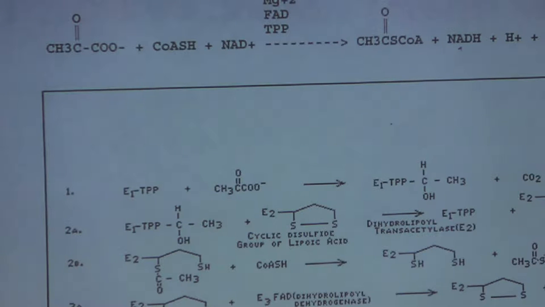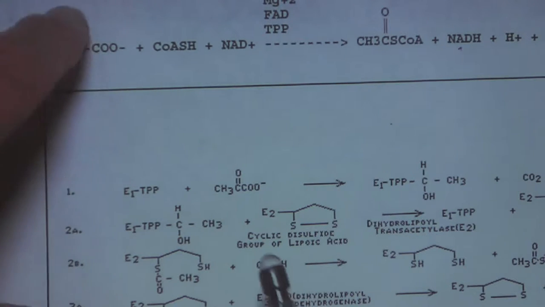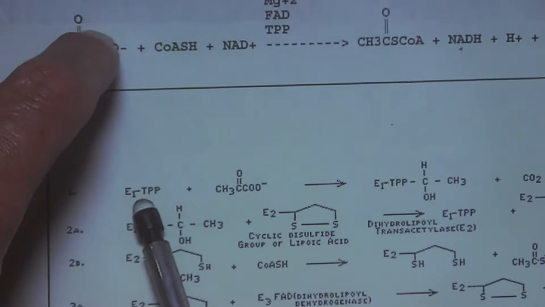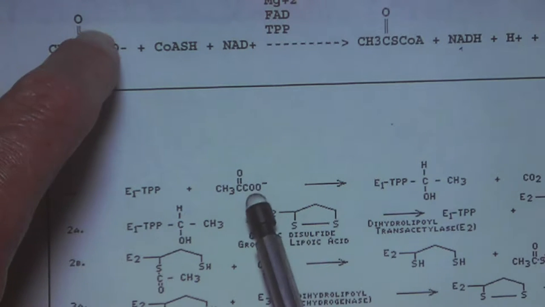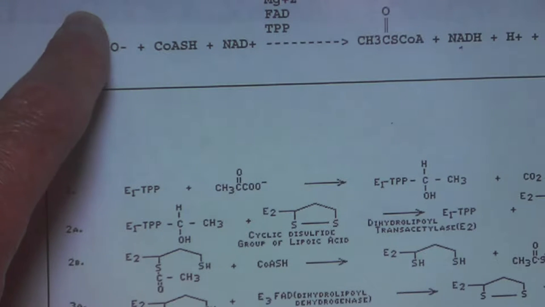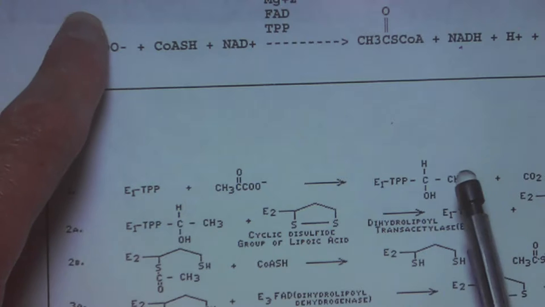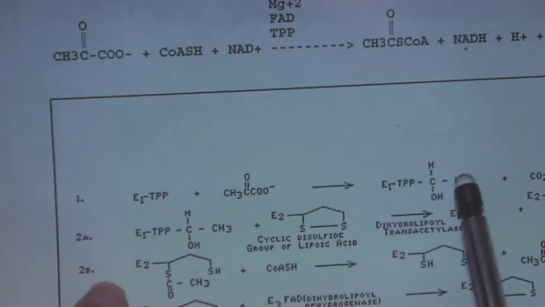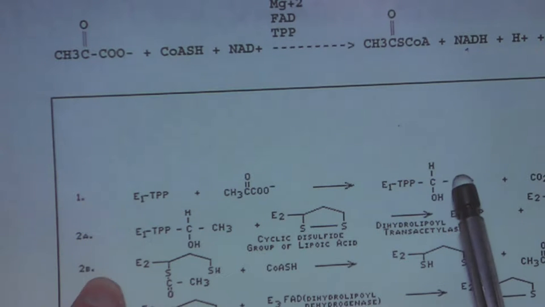And so this is my simple diagram, and you can sort of follow what's going on. So our pyruvate reaction releases this CO2 that goes up to there. Now, what's left over is a 2-carbon unit.